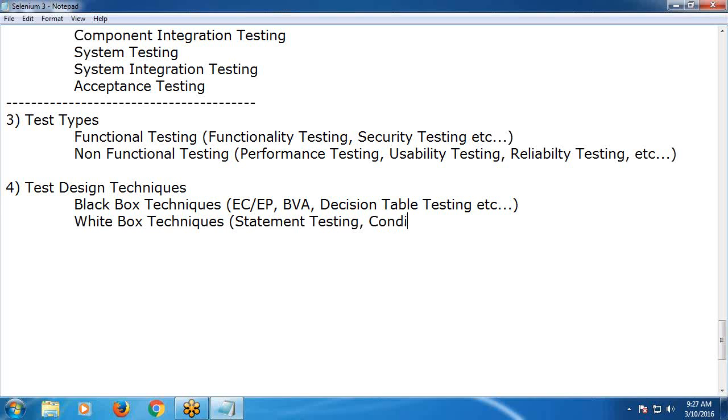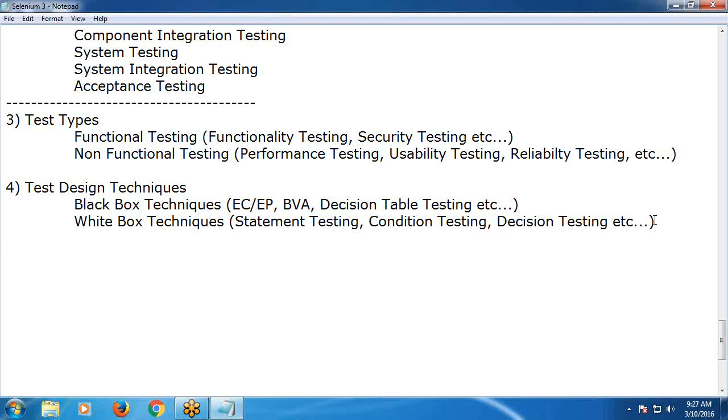Condition testing. Next, decision testing, etc.